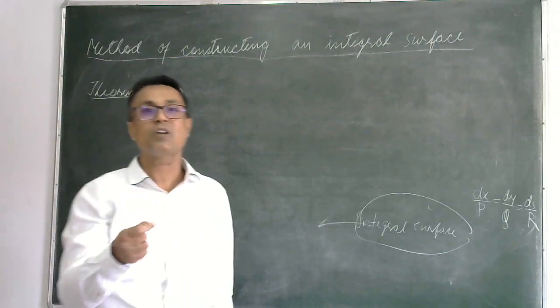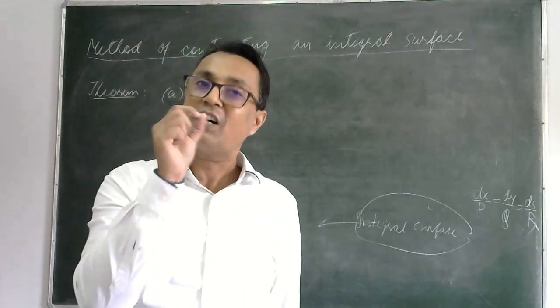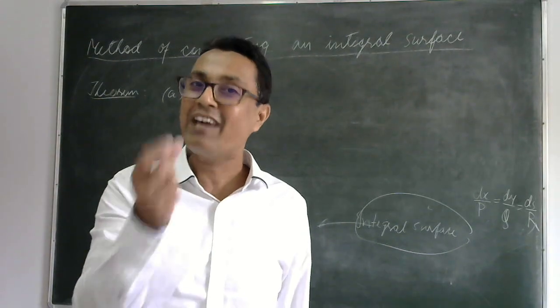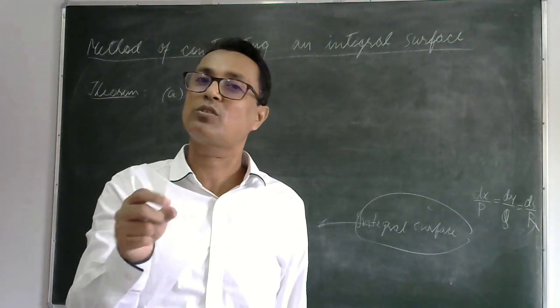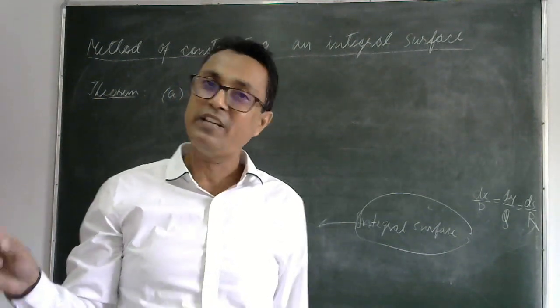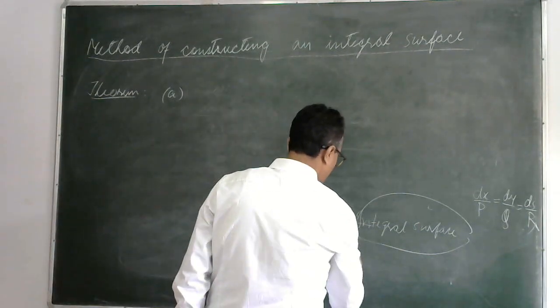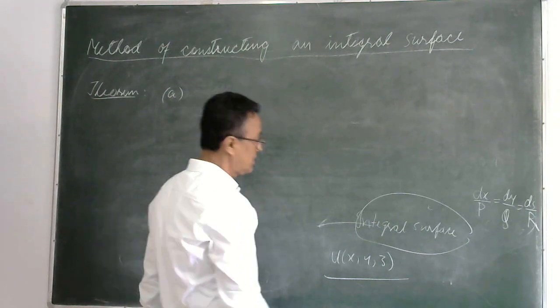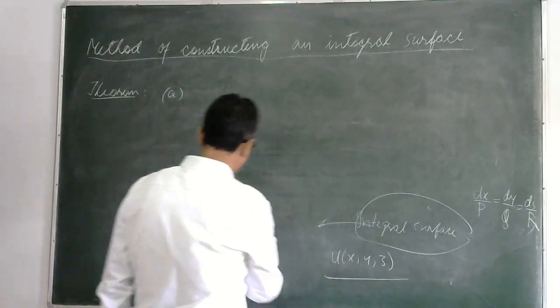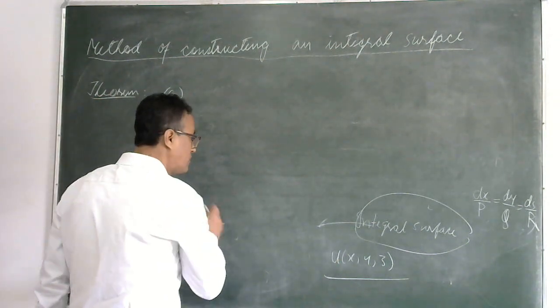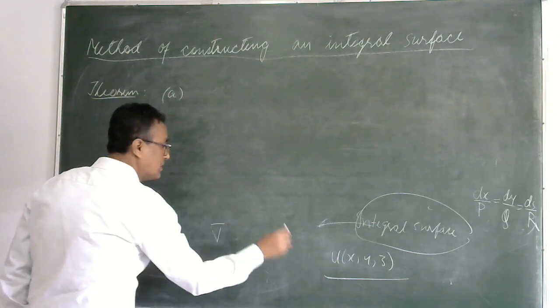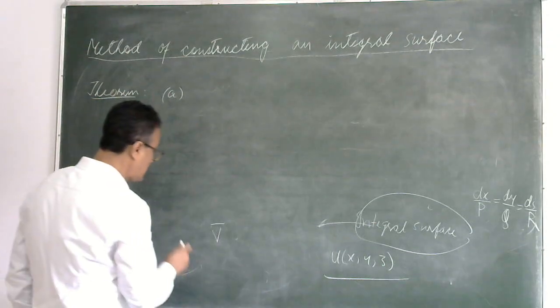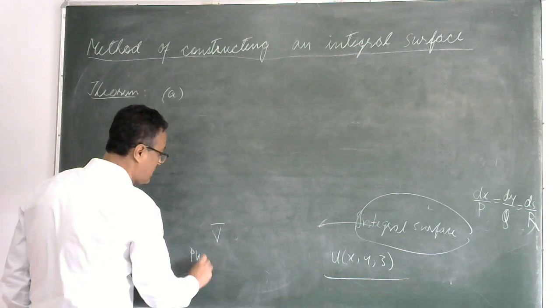So simply what you have to do is equate the function which came as a first integral to some constant. Is it okay? Fine. So basically, if this is a first integral of the vector v, then what must happen? This is nothing but the solution of this differential equation.